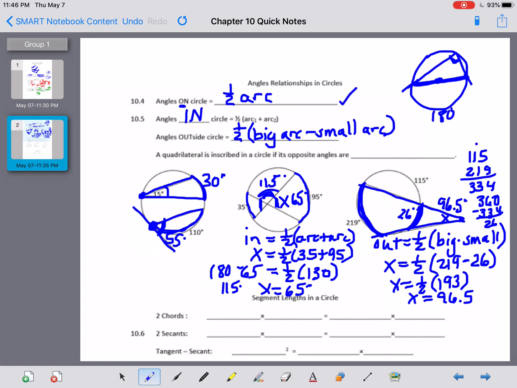And then the last one here, if a quadrilateral is inscribed in a circle, its opposite angles are supplementary. So if I happen to have my quadrilateral inscribed here, these angles opposite each other will add up to 180, okay? They don't equal each other, they add up to 180. That's my supplementary rule. So those are all my angle rules mixed with that central one from the front side.